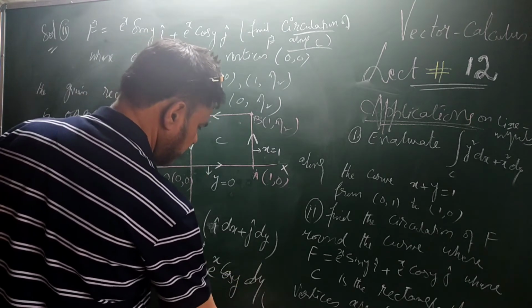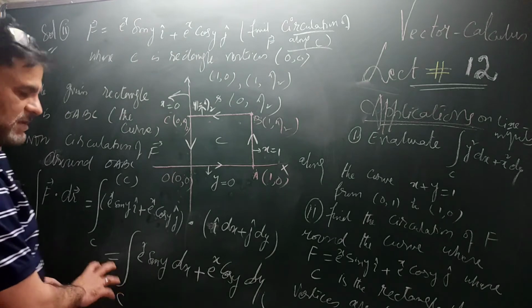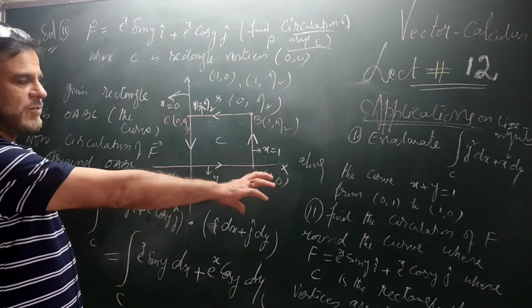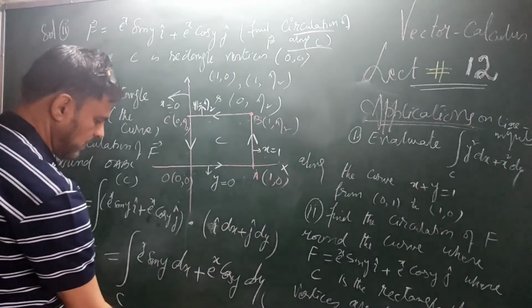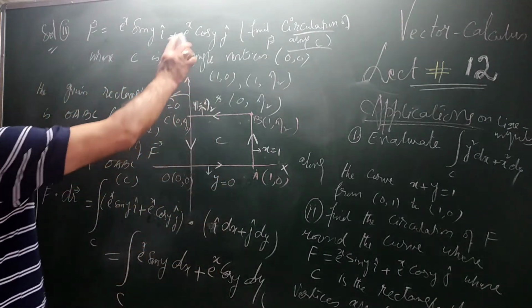Name this first. Now this curve C is divided into 4 parts. It is actually OABC. We have to go along OA, and we'll find out separately.